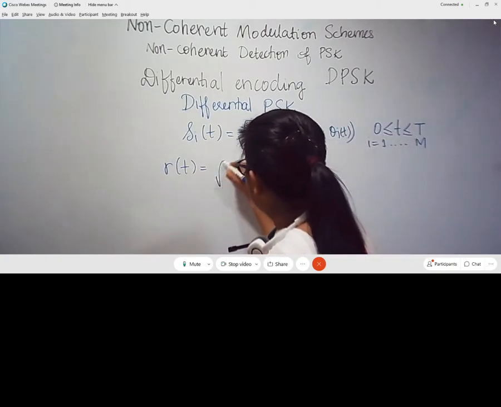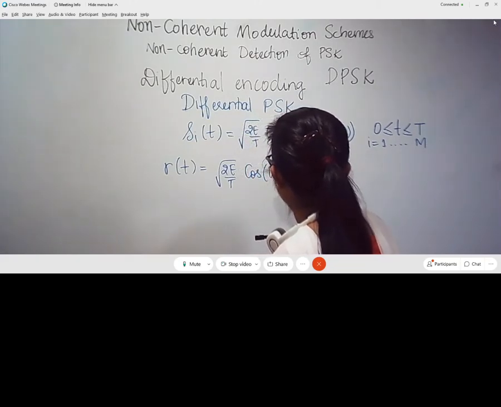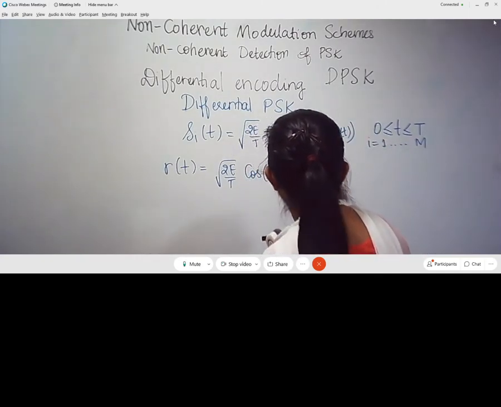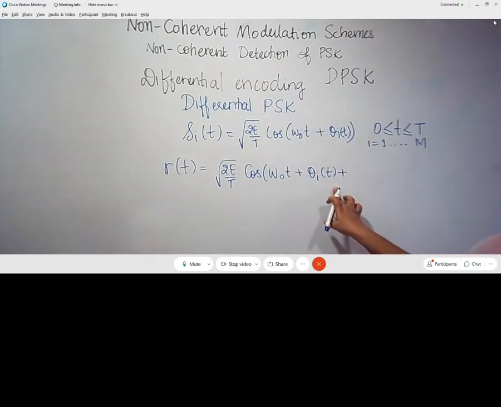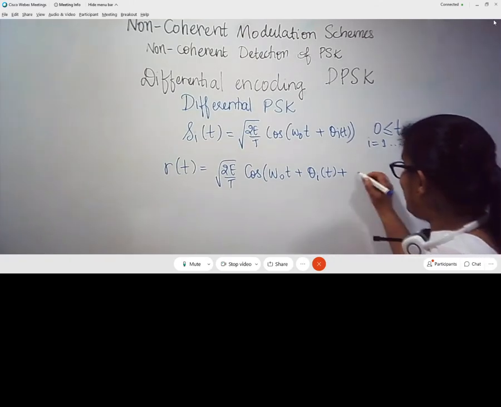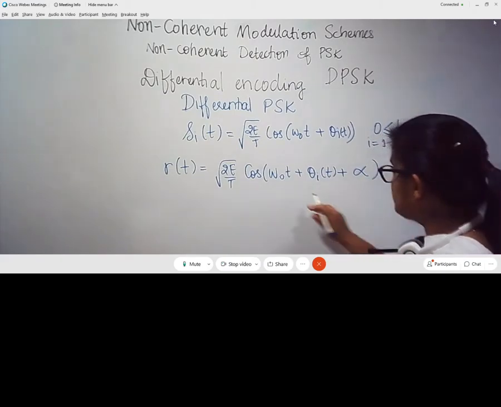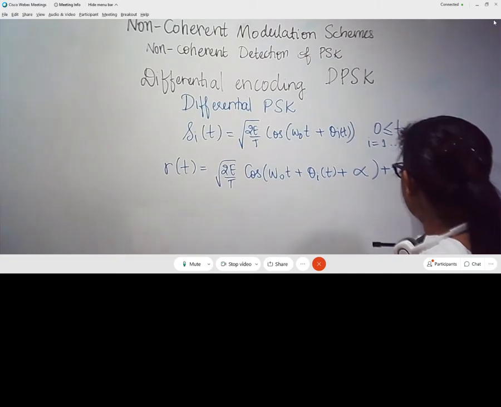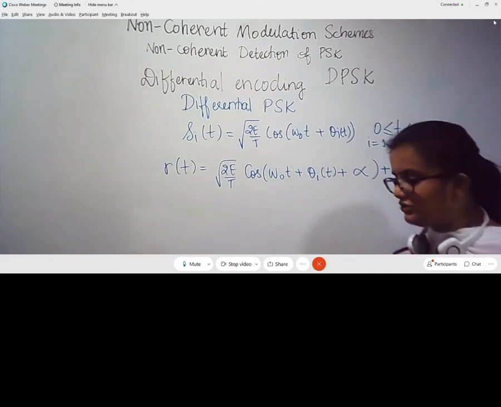Now when I transmit this, at the receiver front end I receive another signal, which is the transformed version of the transmitted signal, having omega naught t and the phase theta_i(t). This phase might change due to variation in the channel, so it might get shifted by an arbitrary phase called alpha, and there is additive white noise n(t) also. Assuming this is what I receive, how can I do the reconstruction?